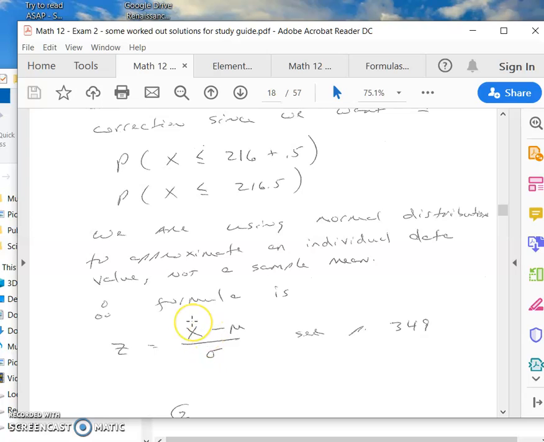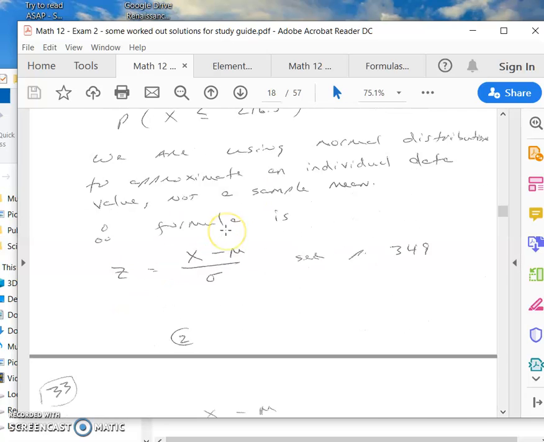Why do I do that? Because it is too hard to do the calculation using the original data values. I've got a formula for the normal distribution, but it's too hard. So I transform the original X's into Z values. Once I have a Z value, I'm in great shape.